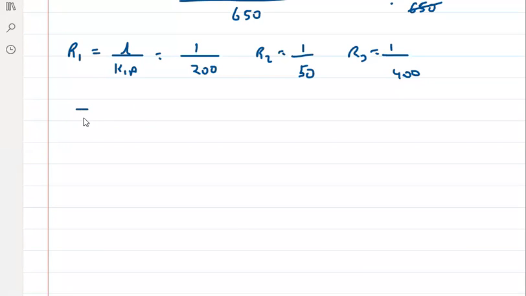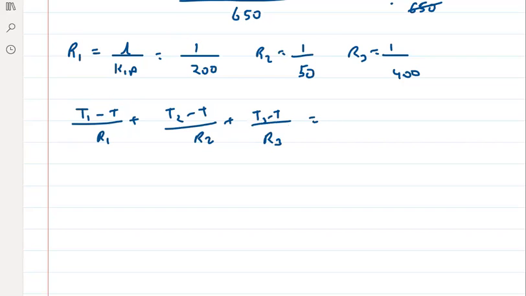Now you can use T1 minus T by R1 plus T2 minus T by R2 plus T3 minus T by R3 is equal to 0. Now put the value, get the answer.